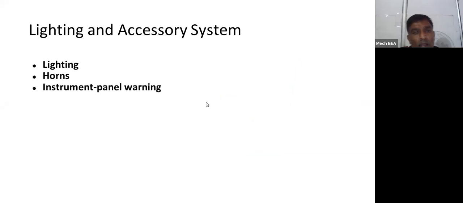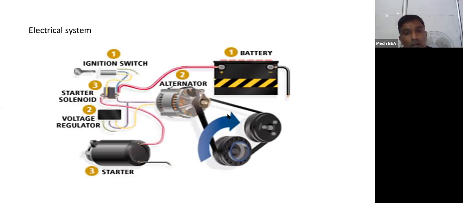Then the lighting and accessory system, which includes lighting first, then horn and instrument panel wiring. You can see another view of the electrical system.